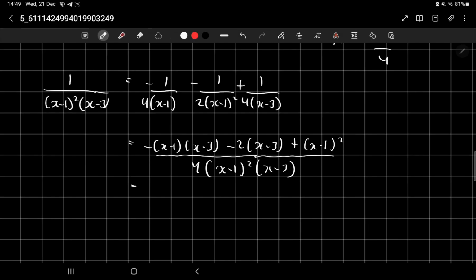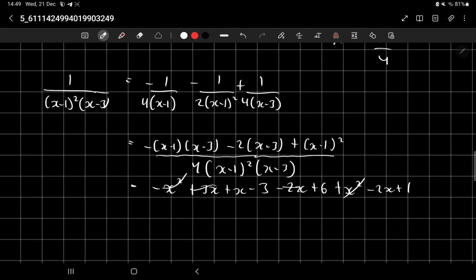So honestly, from here you should get negative x squared plus 3x plus x minus 3 minus 2x plus 6 plus x squared minus x plus 1. Simplify, you can take away that. This could be simplified. Oh, sorry, this should be negative 2x plus 1.